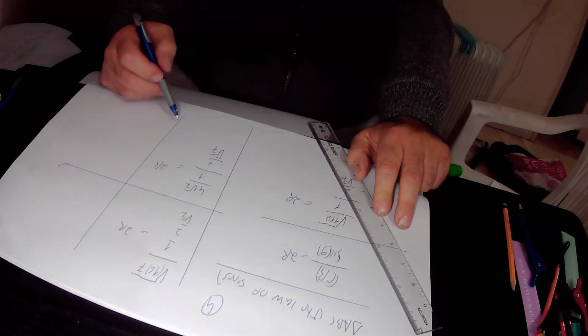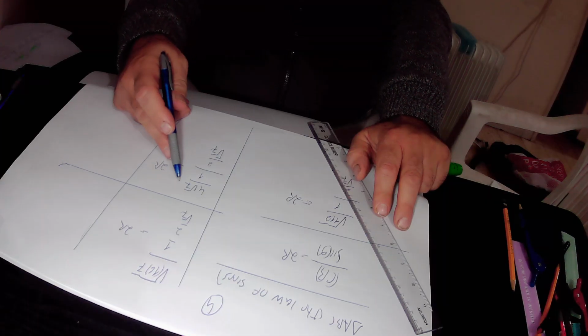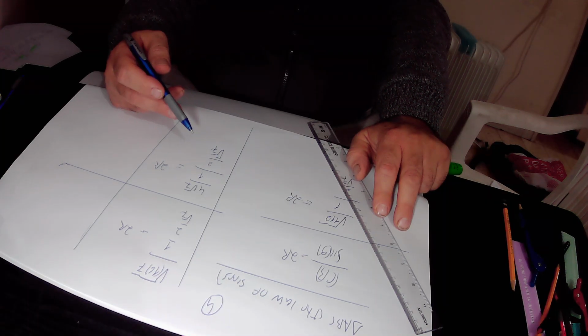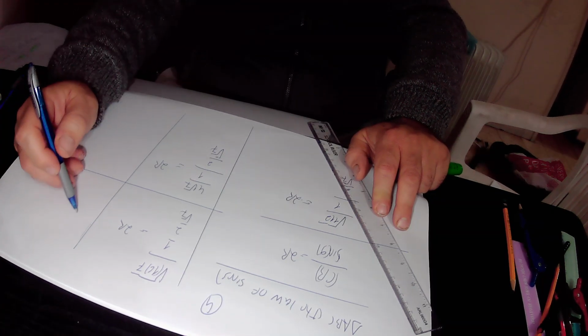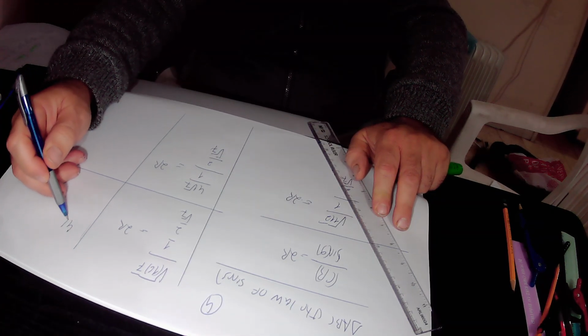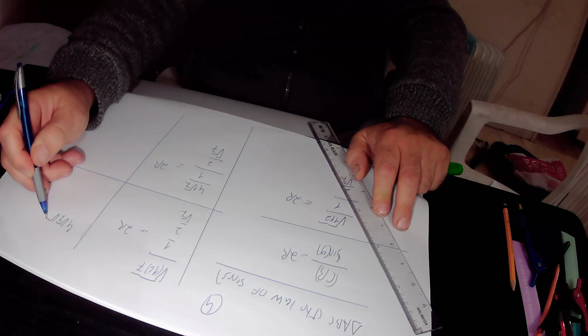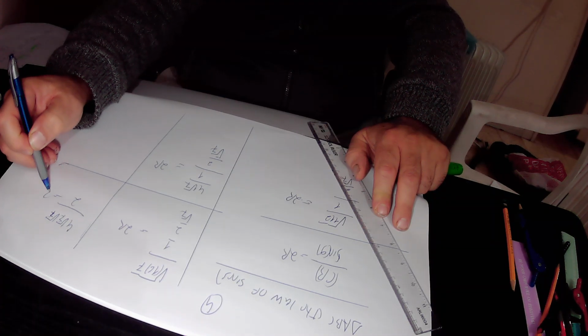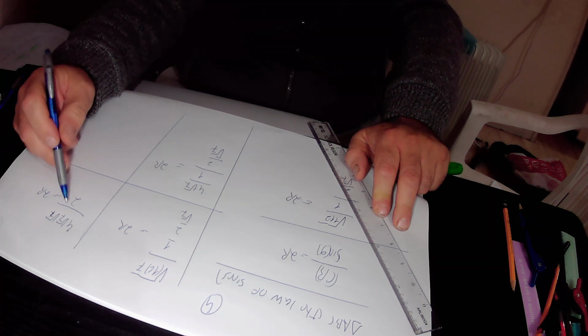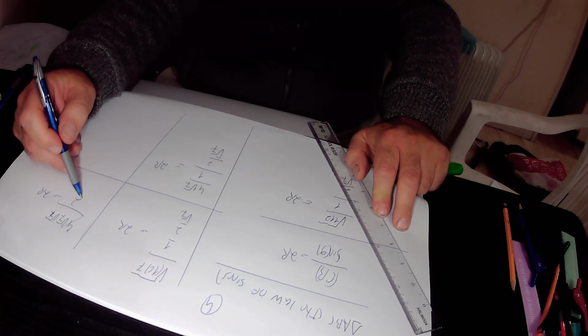Here we move square root of 7 to the numerator and 2 to the denominator. In total we get 4 times square root of 7 times square root of 7 over 2 equals 2r. 4 over 2 is 2.